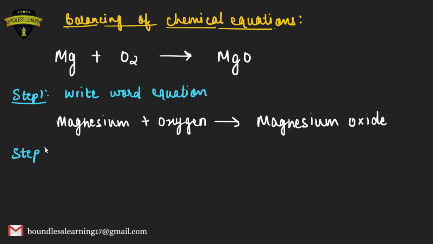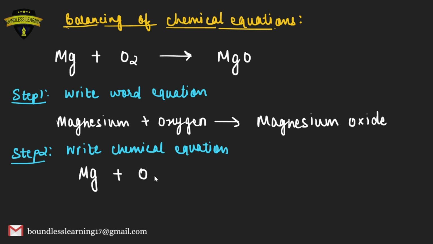Second step is we have to write the chemical equation, right? What would be the chemical equation? Mg plus O2 gives us MgO. This is the second step.